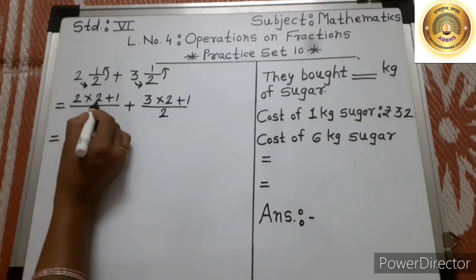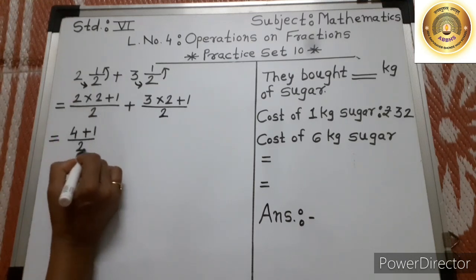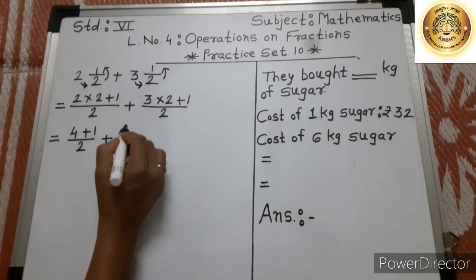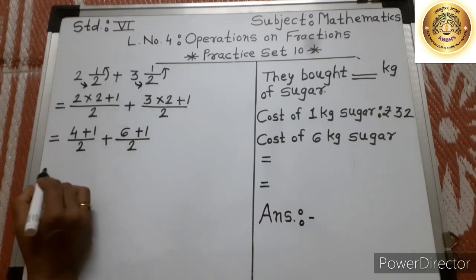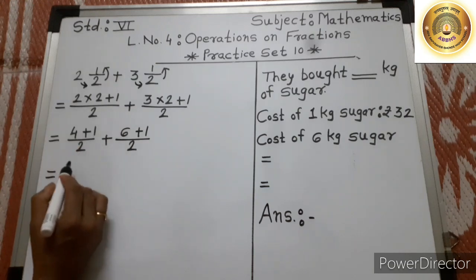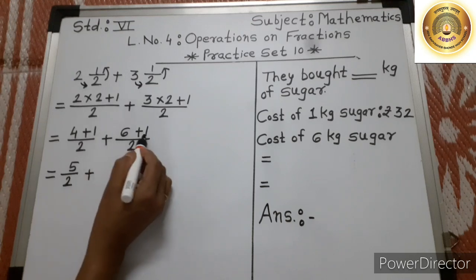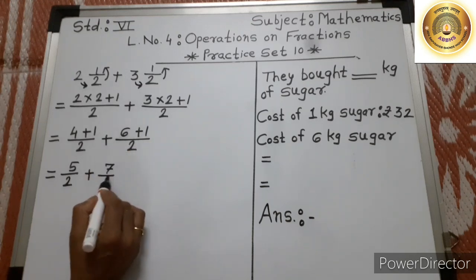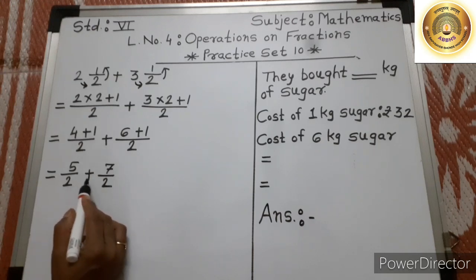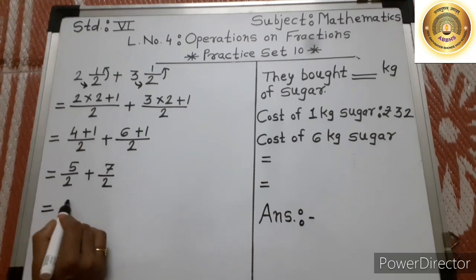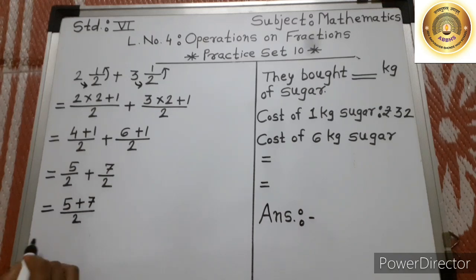Now solve this. 2 2s are 4 plus 1 upon 2 plus 3 2s are 6 plus 1 upon 2. 4 plus 1, 5 upon 2 plus 6 plus 1, 7 upon 2. These are like fractions, so add the numerators. 5 plus 7 upon 2.